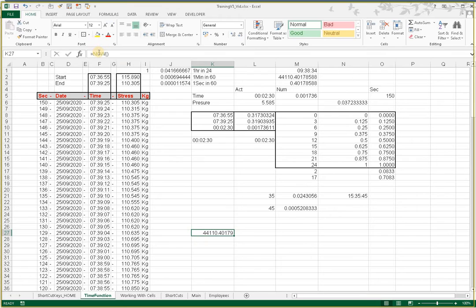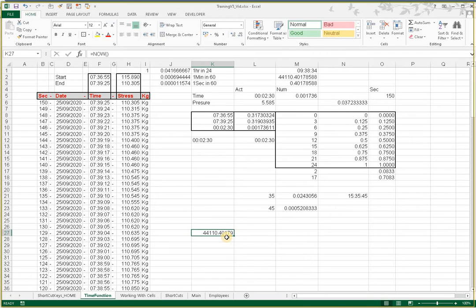And please note that =NOW gives us a number, an integer and a fractional part of a number. The integer being the number of days since the 1st of January 1900. So there have been 44,110 days since the 1st of January 1900. The fractional part, which is 0.40179, is the time of the current day.